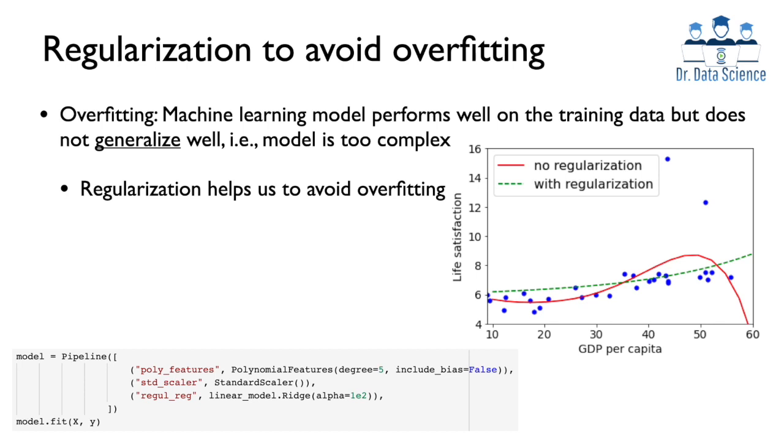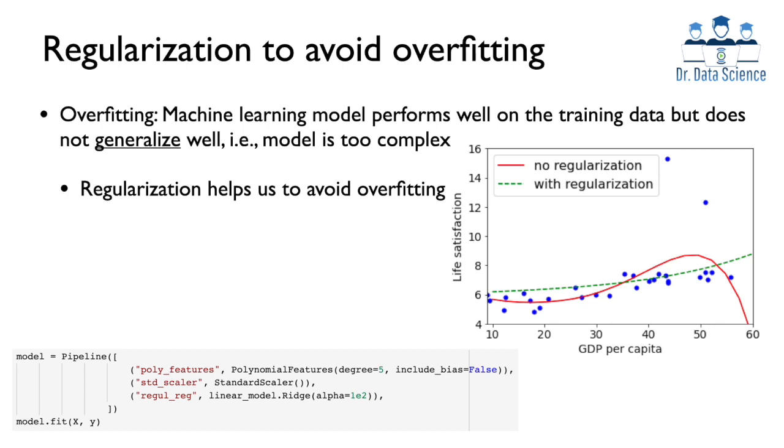So the first question is, what is overfitting? Overfitting happens when a machine learning model performs well on the training data. As you remember, we said that that's usually the easier part, but it doesn't perform well or generalize well on the testing data set.